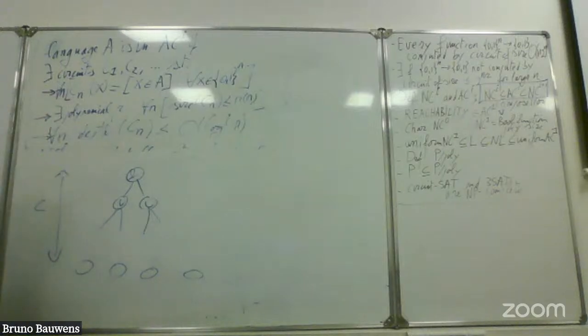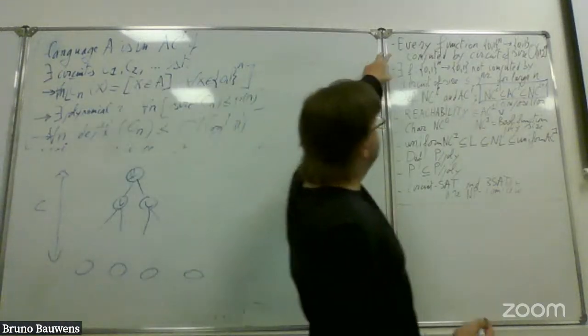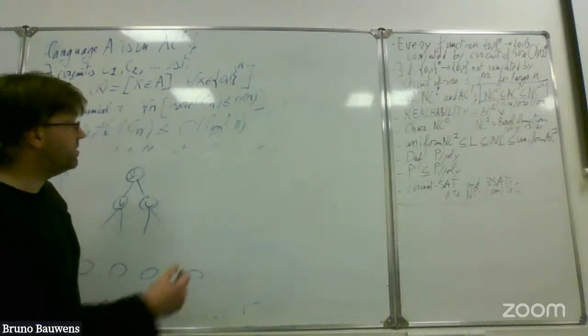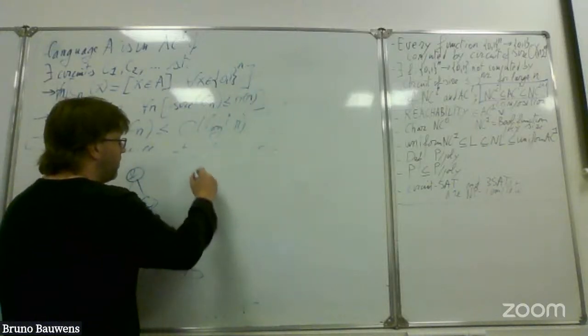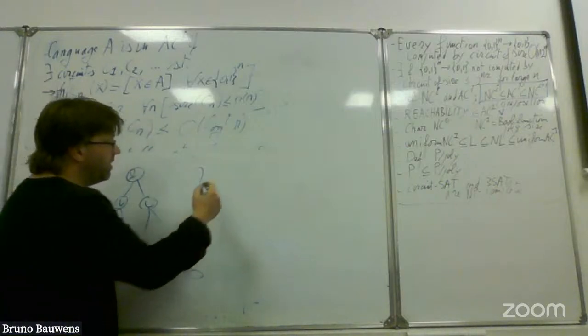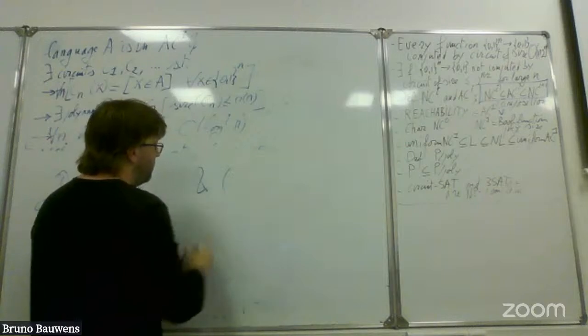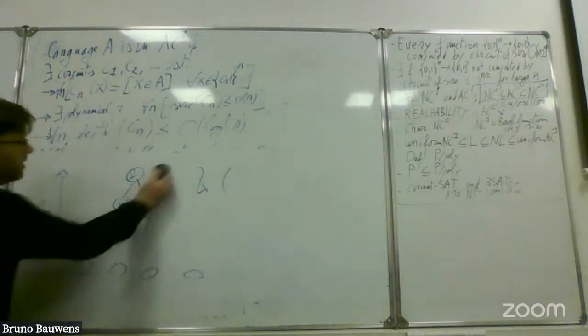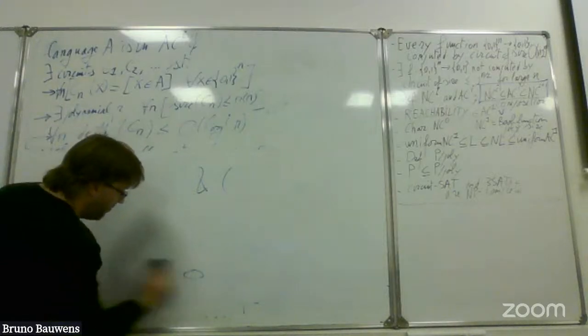So let me repeat, because this is also our first goal: every function is computed by a circuit of size O(n 2^n). So what is this formula? Any function can be written as a Boolean formula.